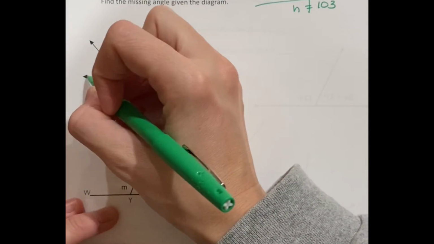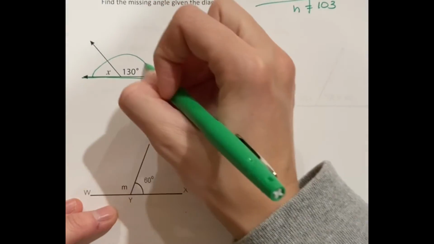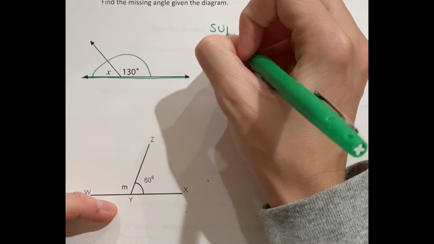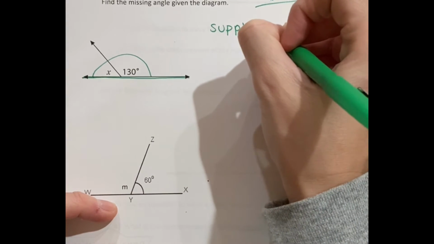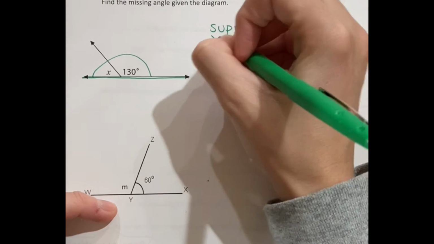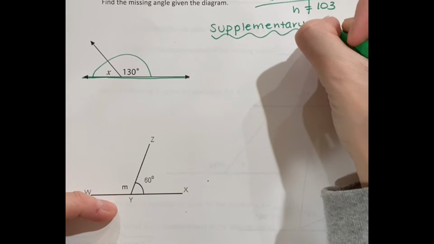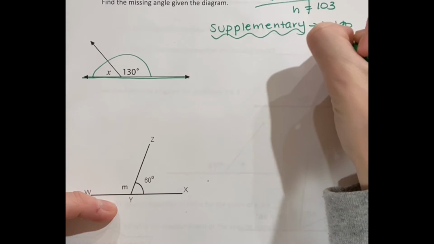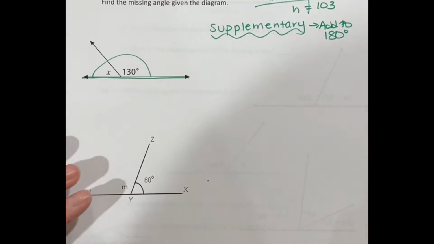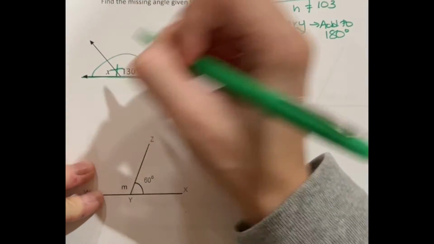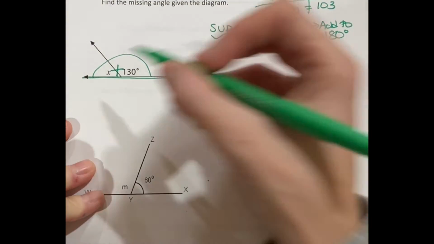So now looking at this diagram here, I notice I have a straight line. And whenever I have a straight line, I know that these angles are going to be supplementary. And I know that supplementary angles add to 180 degrees. So that means that these two angles must add to give me 180 degrees.